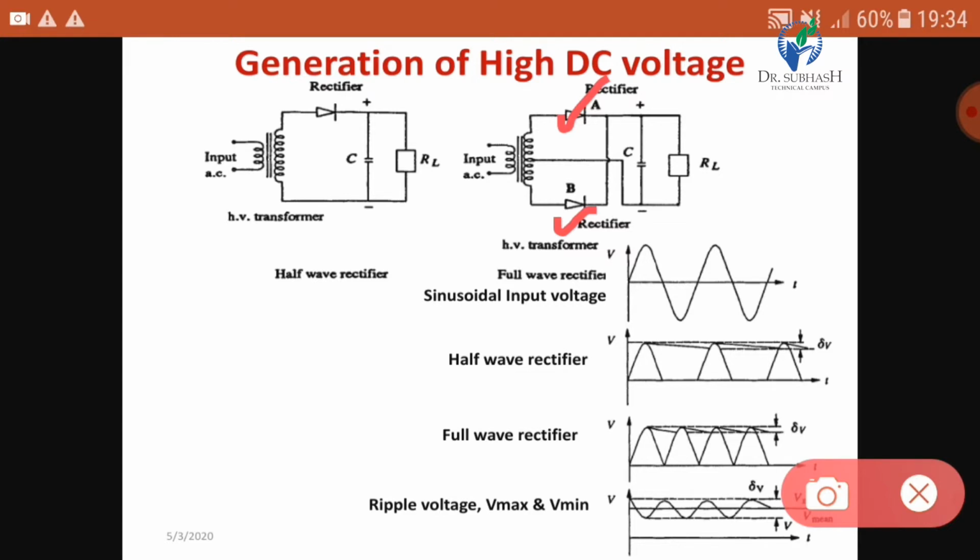During the negative half cycle diode A becomes reverse biased and diode B becomes forward biased, so we get output in the negative half cycle also. So we can see the output in both half cycles. And the last waveform is the ripple voltage.